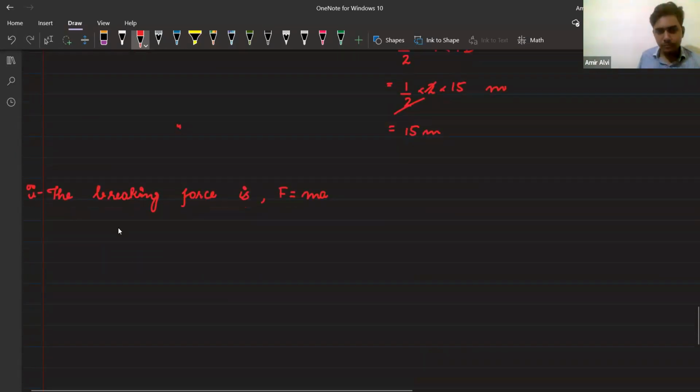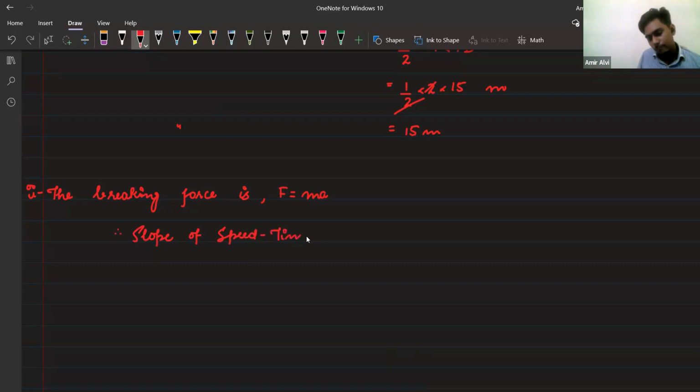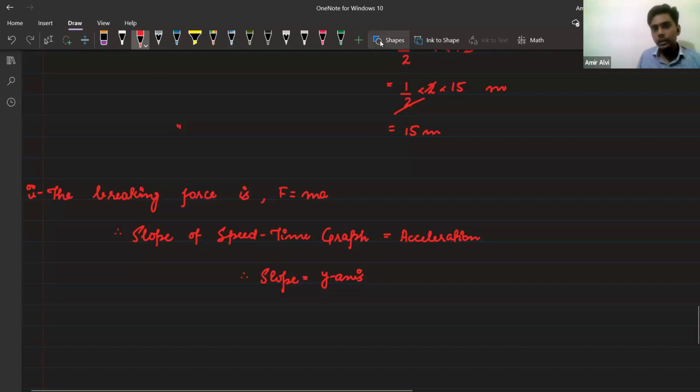So what we'll do is that we will find out the slope. Slope of speed time graph is equals to acceleration. Am I right, everyone? Okay. So acceleration would be, and basically the slope formula is the ratio of y-axis to the x-axis.